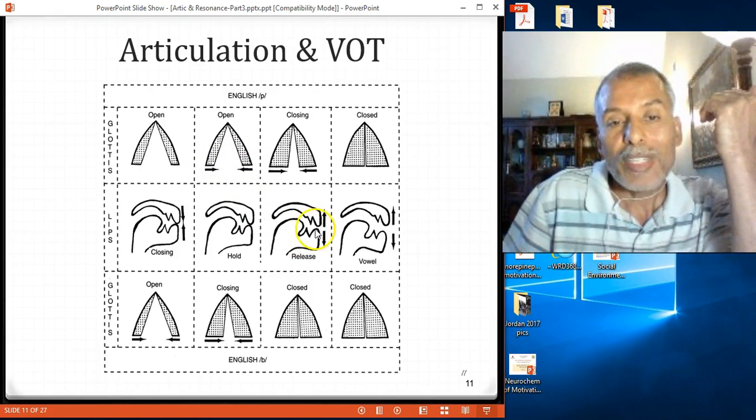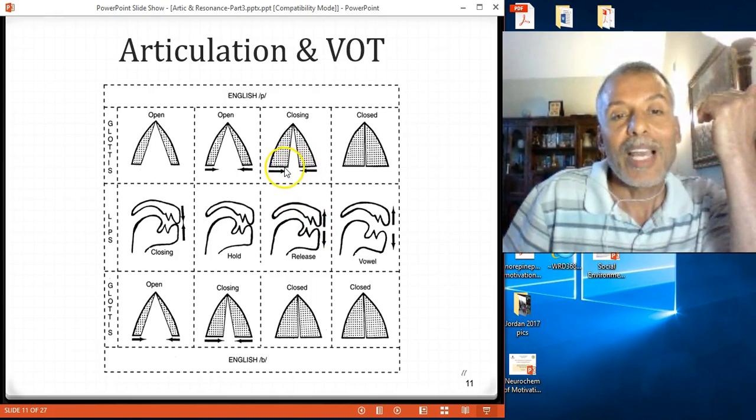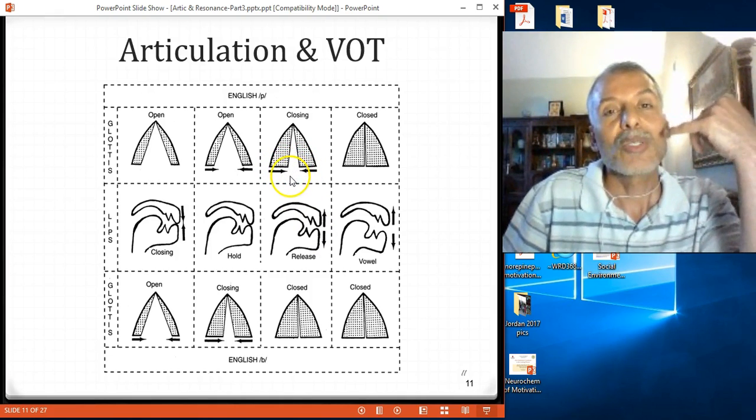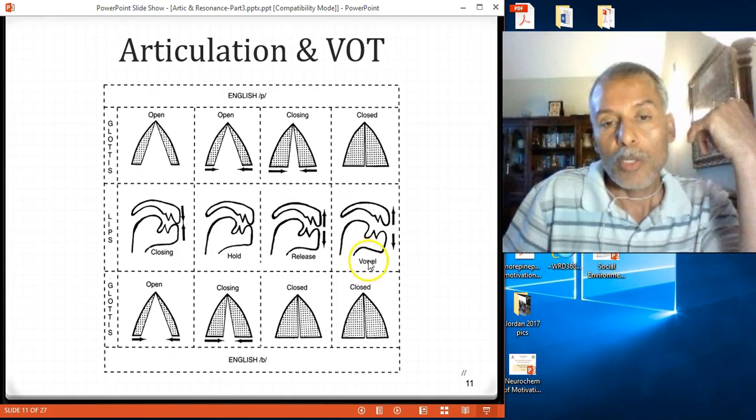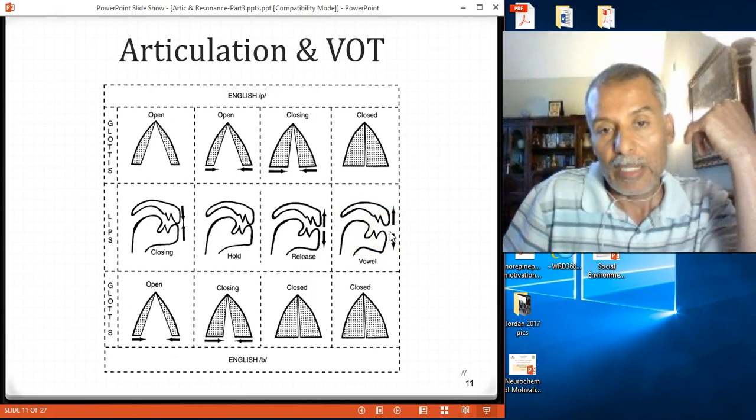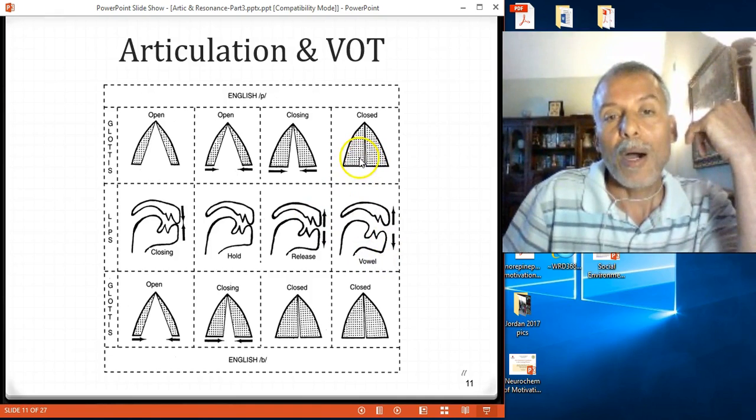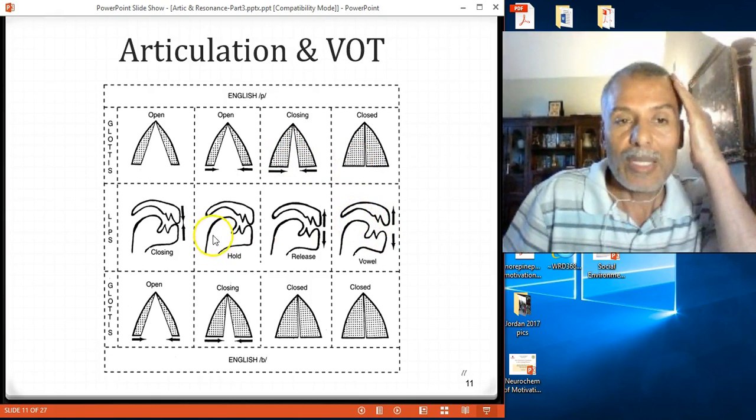Then you are releasing the air, and the vocal folds are still halfway, they haven't closed yet, because you want to make the sound ah at the end, pa. So the air continues to be released, and then finally you come to saying the ah, pa. So that's quite a long delay in that regard. Now let's look at the b.